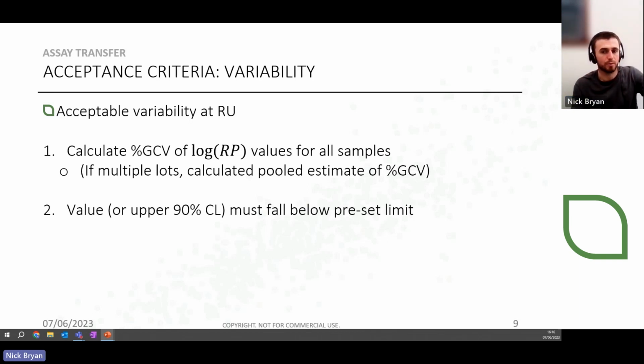And we can either set this on the value of the percent GCV itself, or on the upper 90% confidence interval of this. We only look at the upper limit because obviously if our receiving unit has better precision, that's perfectly acceptable.